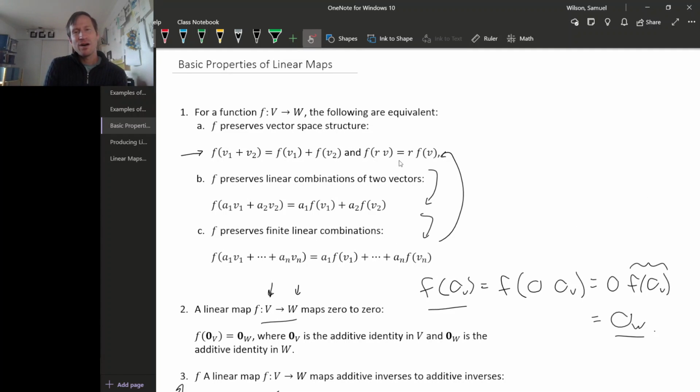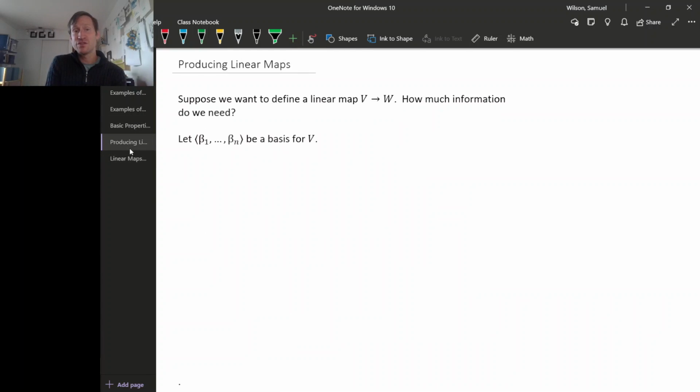but one thing that we'll often want to do is produce a homomorphism with certain properties. And there is a nice procedure for doing that. So suppose that we want to define a linear map from some vector space V to some vector space W. And let's deal with finite dimensional vector spaces here.